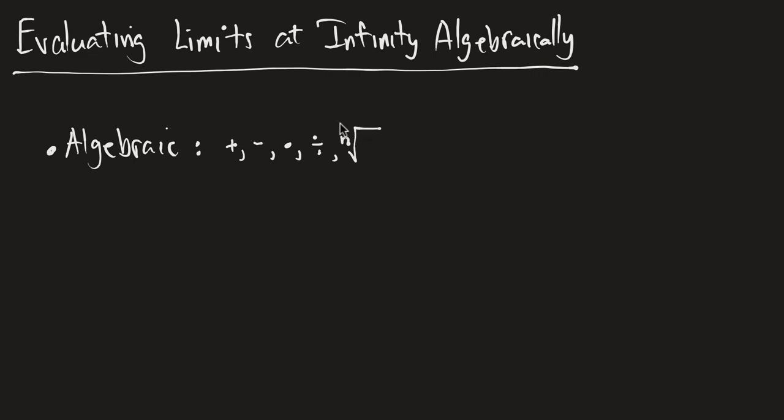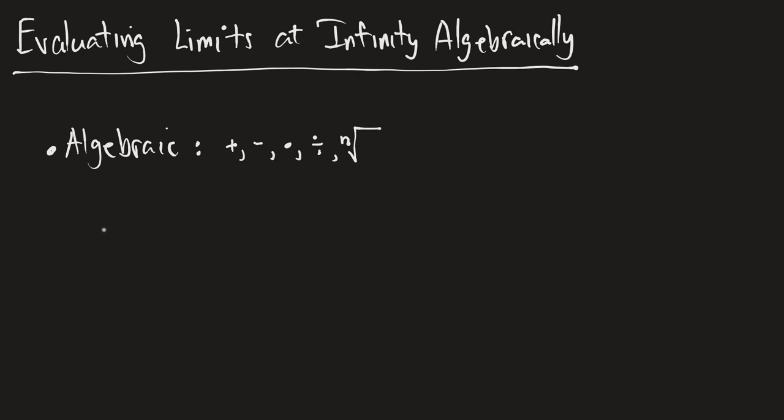So an algebraic function, along with your variable x and constants, you're allowed to perform these operations. And again, what we want to be able to do is to evaluate their limits at infinity, see if they exist.